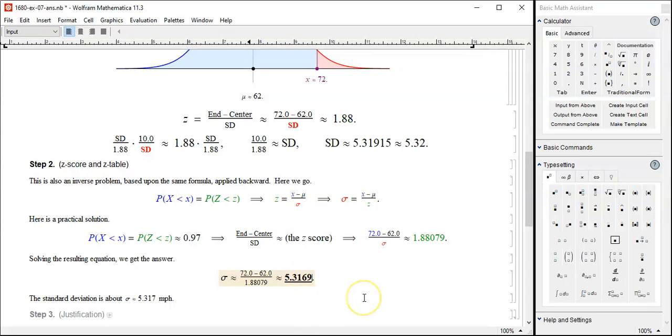A little bit more accurate computation yields 5.3169. And we have 5.317. Okay, 5.32 is acceptable, but this computation yielded a little bit better number here. Well, either way it's acceptable, but from this point on, let's use 5.317 because this one gives me a little bit more accuracy, so I'll use this one.